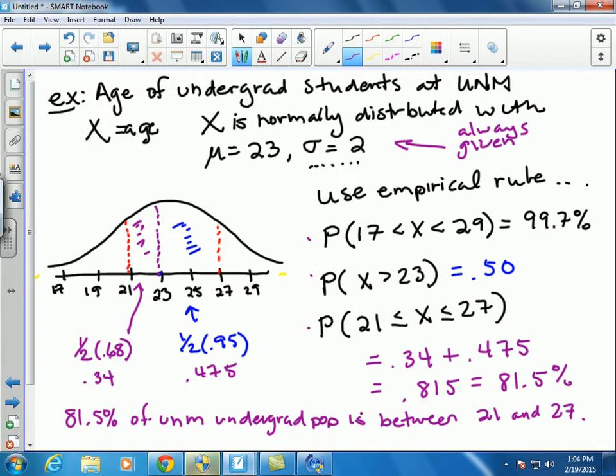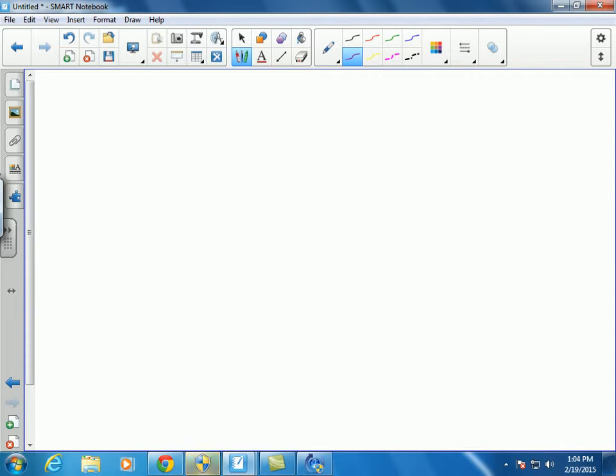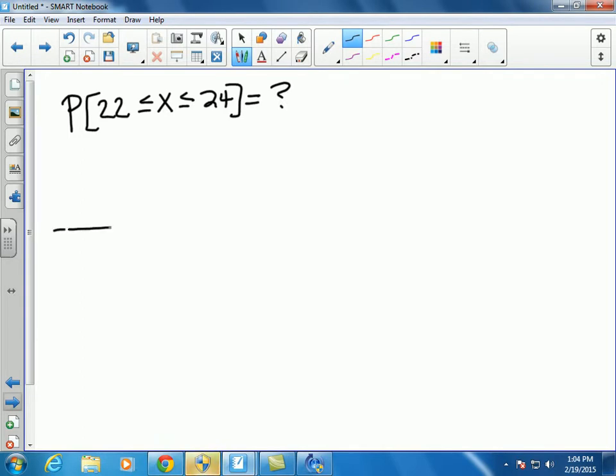Now, what if I give you a question using the same UNM example, and I ask, what's the probability, I'm using a bracket here, it doesn't matter, that I'm between 22 and 24? What if I want to know that? So I go back to my original distribution.